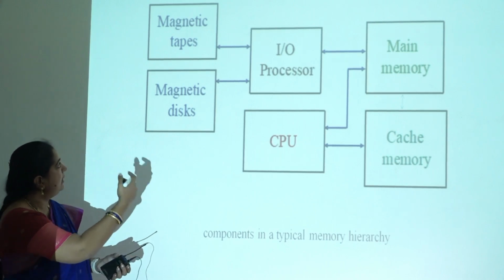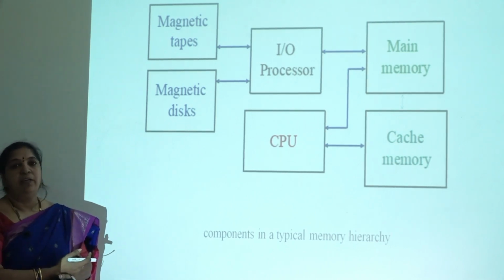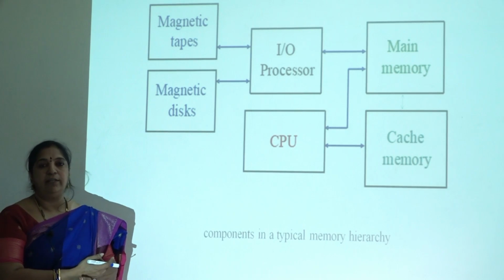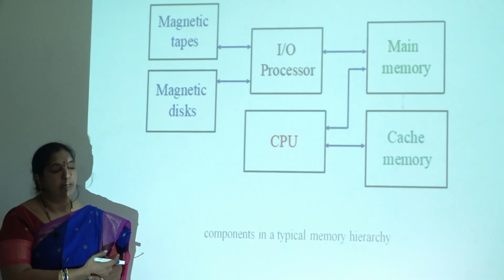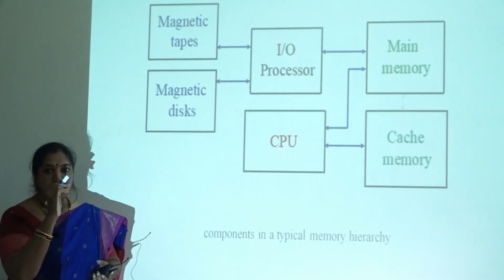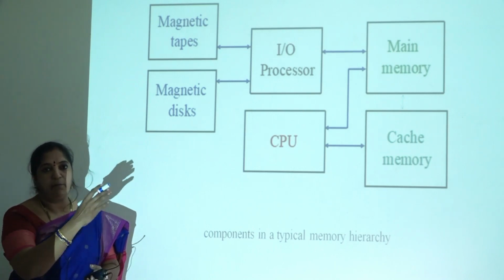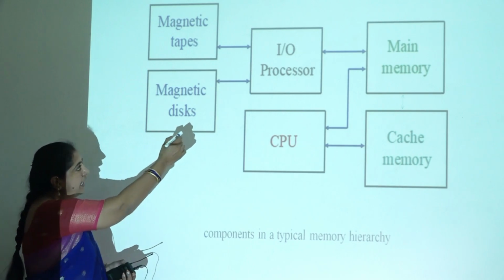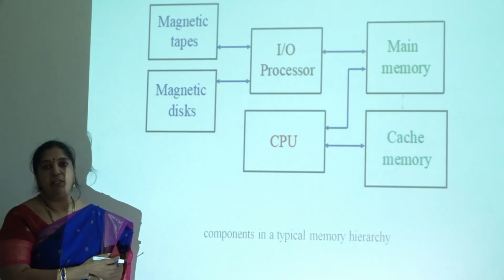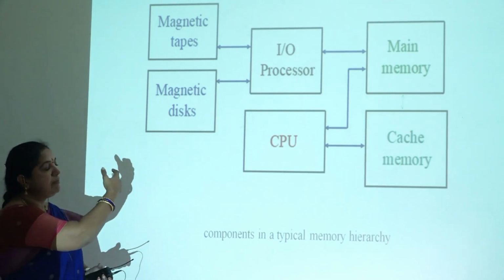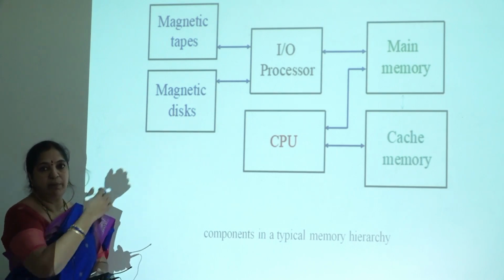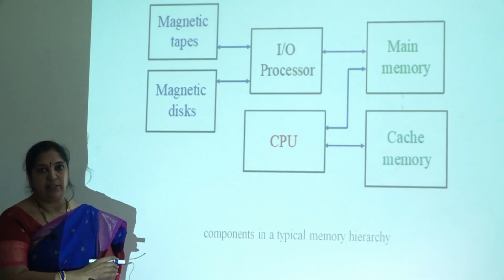Suppose the program is in the secondary memory; the CPU can never interact directly with secondary memory. If something necessary for execution is not available in main memory, then the IO processor is activated to search for it in the secondary memory and transfer it to the main memory. Then only it can be executed.